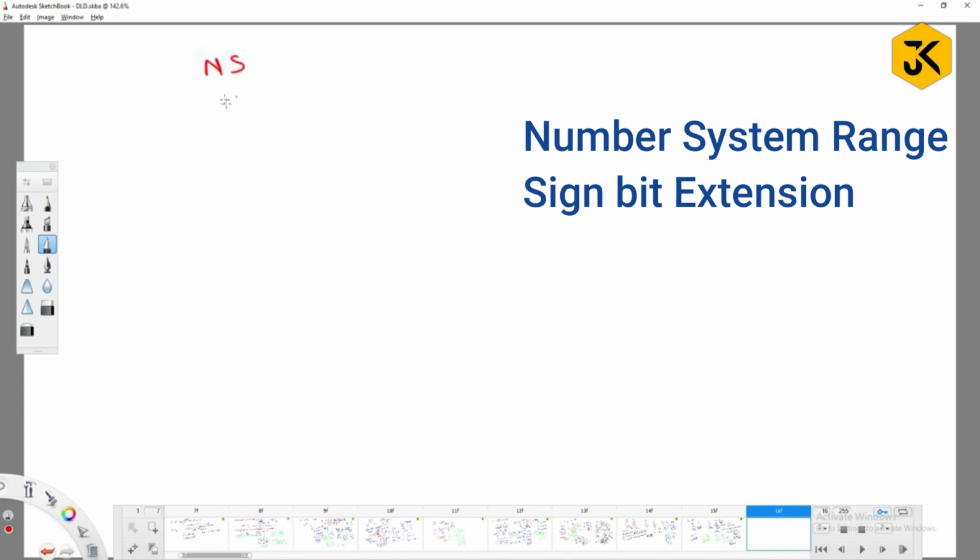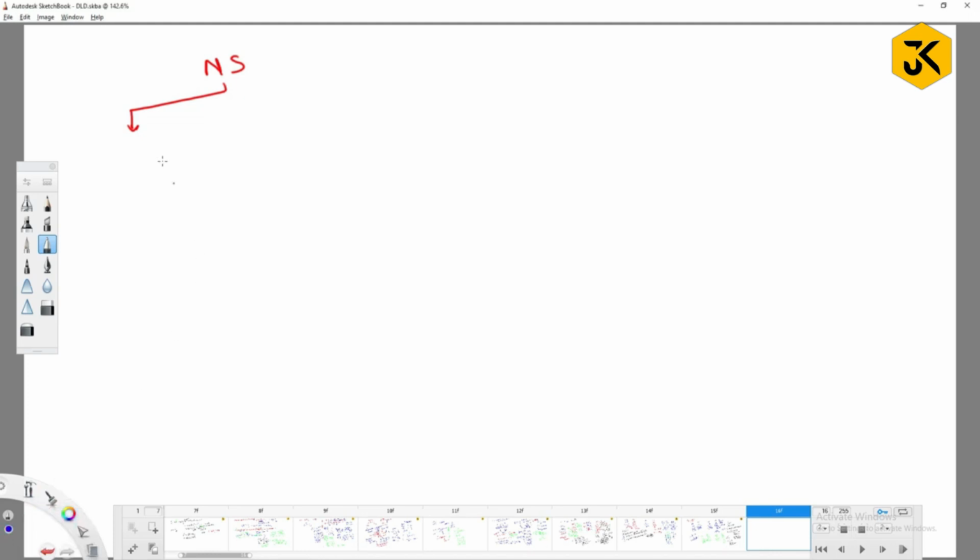If I am going to take the number system, one is unsigned number system, another one is signed number system, right?